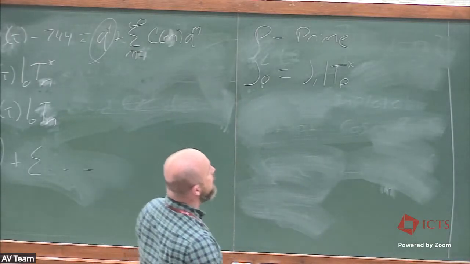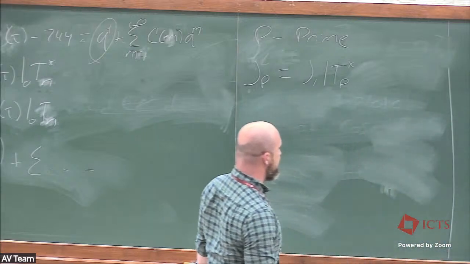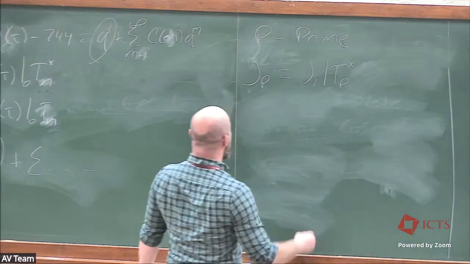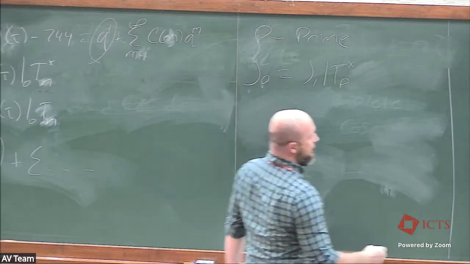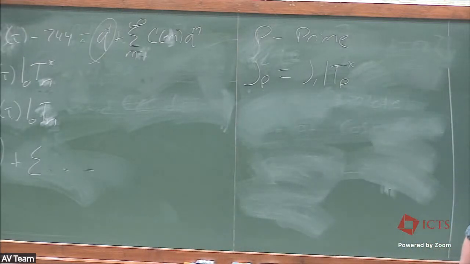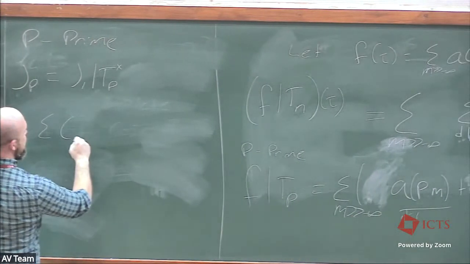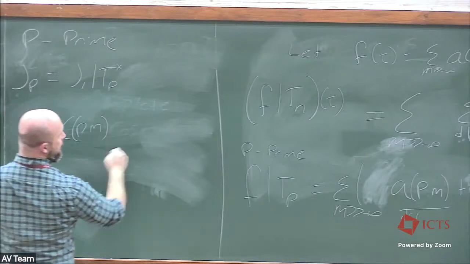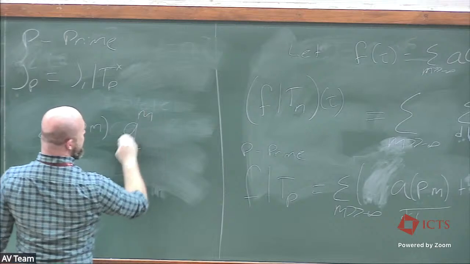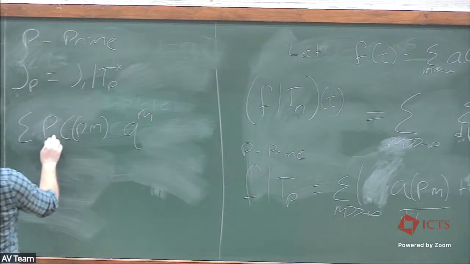let's see. I talked about this kind of expanding or contracting the terms. Let's go ahead and separate those and look at this. On one side, coming from these pieces, we're going to have this sum of c of pm times q to the m. Remember, this is the ordinary Hecke operator, so I need to renormalize this.